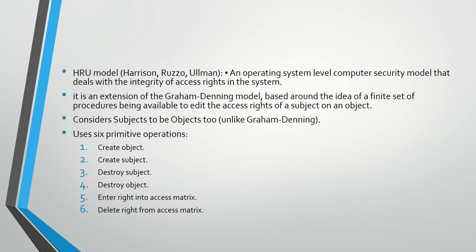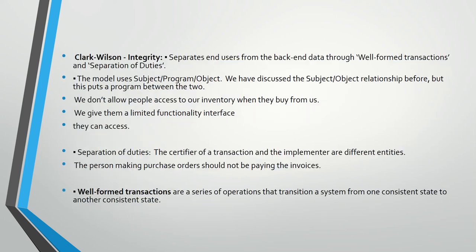So instead of 8 rules like in Graham-Denning, in this model they use 6 primitive operations. These primitive operations are create object, create subject, destroy object, destroy subject, enter right into access matrix, and delete right from the access matrix.